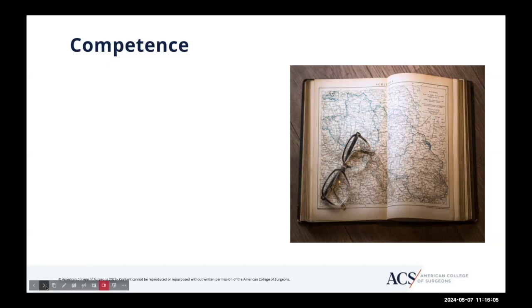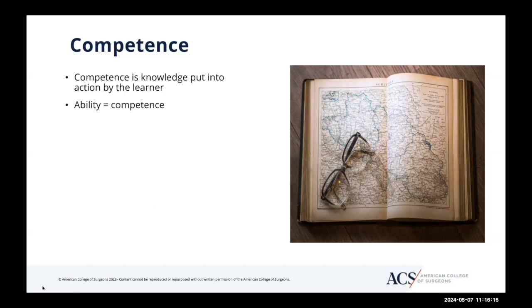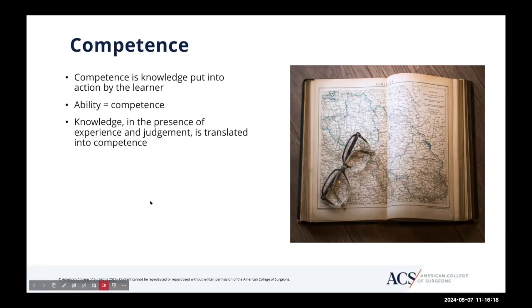So for instance, competence is knowledge put into action by the learner. Ability equals competence. Knowledge in the presence, experience, and judgment is translated into competence. And what you would do if you could do it. Okay? That's sort of the simplest one that they had on the website that I thought I'd share.